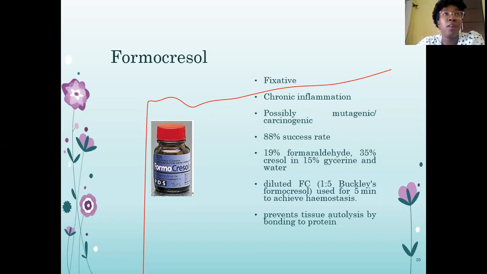As with the controversy with amalgam, there will always be groups of people saying you can't use it anymore because of these properties, and then others saying it's just possibly mutagenic. However, it has an 88% success rate. Those are the components that you see in it, and it's used for 5 minutes to achieve hemostasis. As I said, it's a fixative, it prevents tissue autolysis by binding to protein.